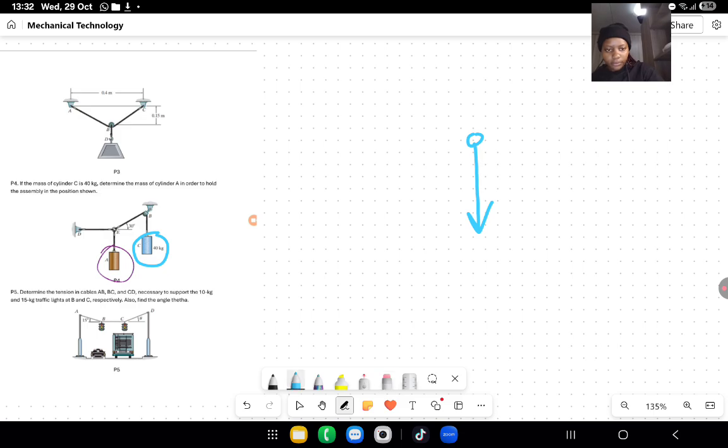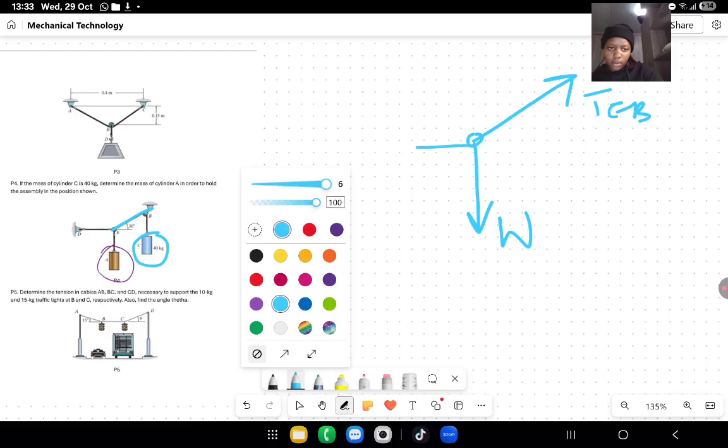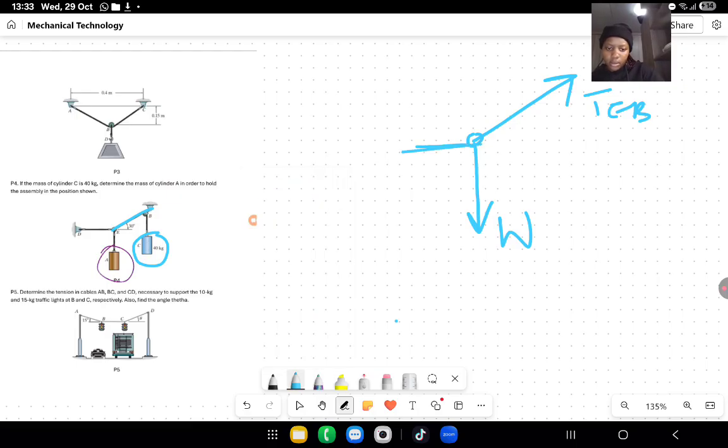Then we'll have this force going there, which is tension EB. Then we'll have another one going this side, which is our TDE.